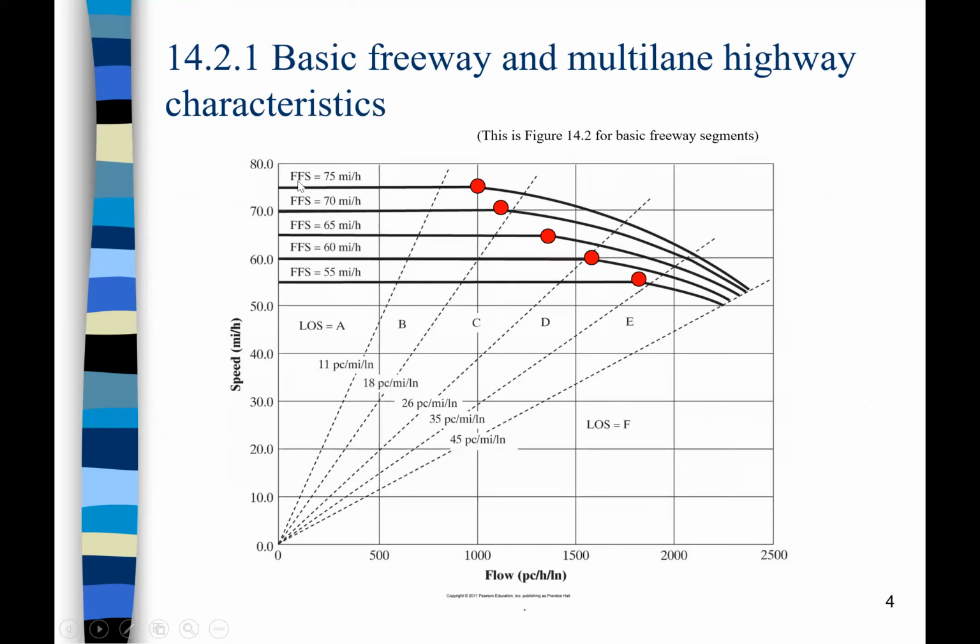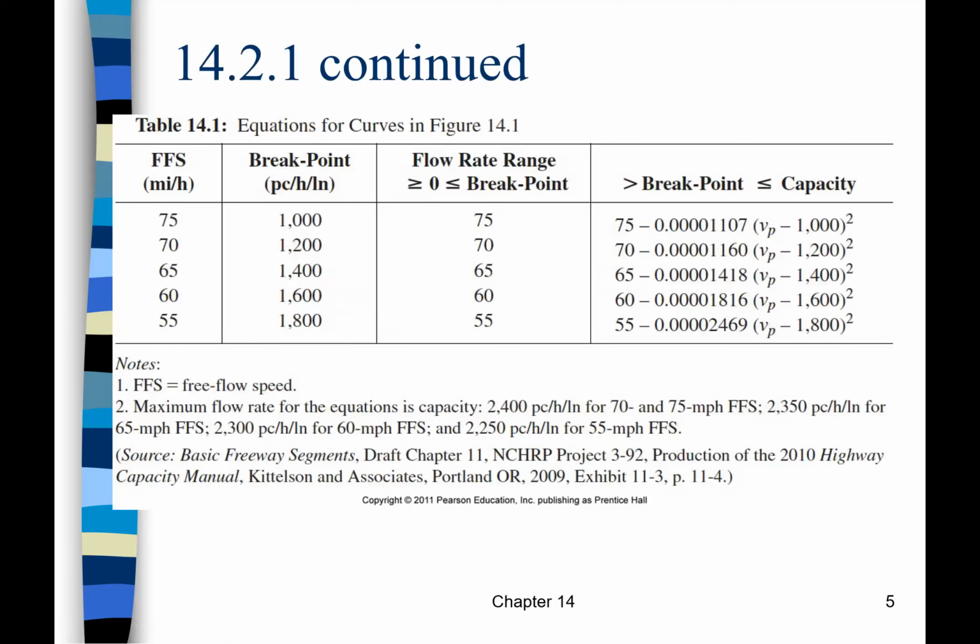FFS stands for free flow speed. The top one is 75 miles per hour. The bottom one is 55 miles per hour. It starts at a breaking point; for free flow speed at 75, the breaking point is 1000.